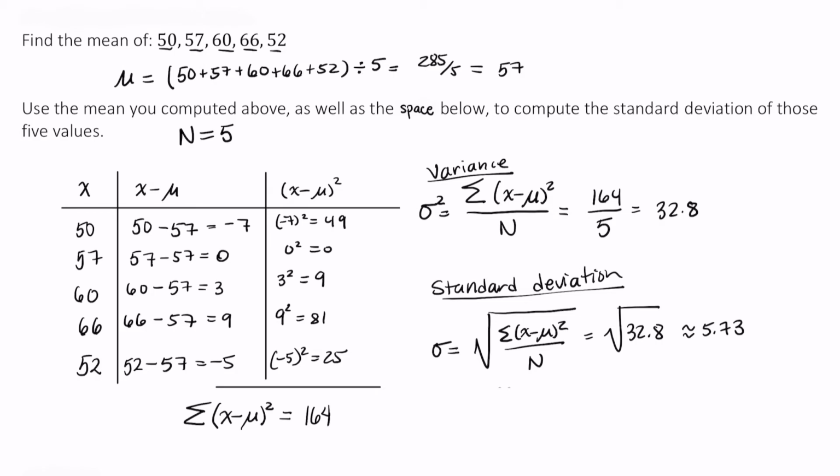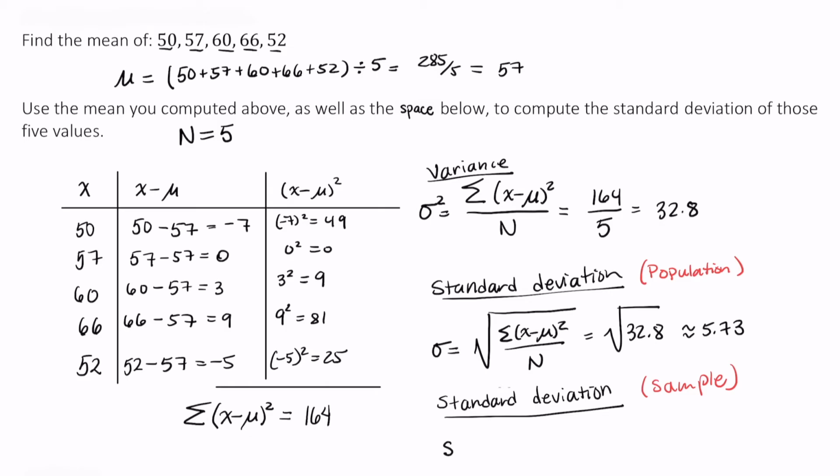Now, before I end this video, I want to mention some other symbols, another way to compute this. So when you see mu and sigma used, this is meant for a population. Now if you were going to compute this for a sample, the formula is nearly identical with just a couple minor changes.